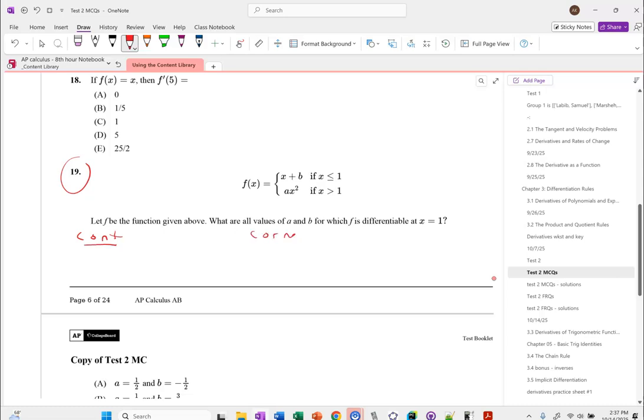And then you need the corner part. So the continuity means that 1 plus b has to equal a times 1 squared. Everybody agree? The left-hand limit has to equal the right-hand limit. The corner piece means that the derivative of x plus b has to equal the derivative of ax squared with the 1 plugged in.